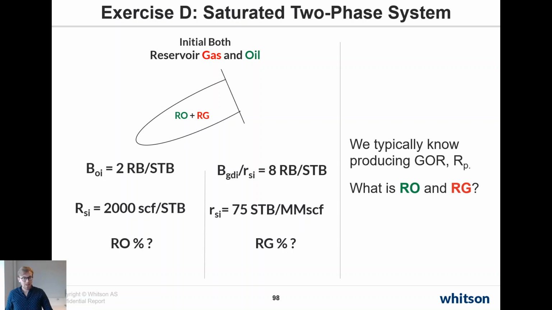In general, what we actually know is not necessarily the saturations of what is flowing on a daily basis, like we did in the last exercise, but most typically what we know as engineers is the producing GOR.